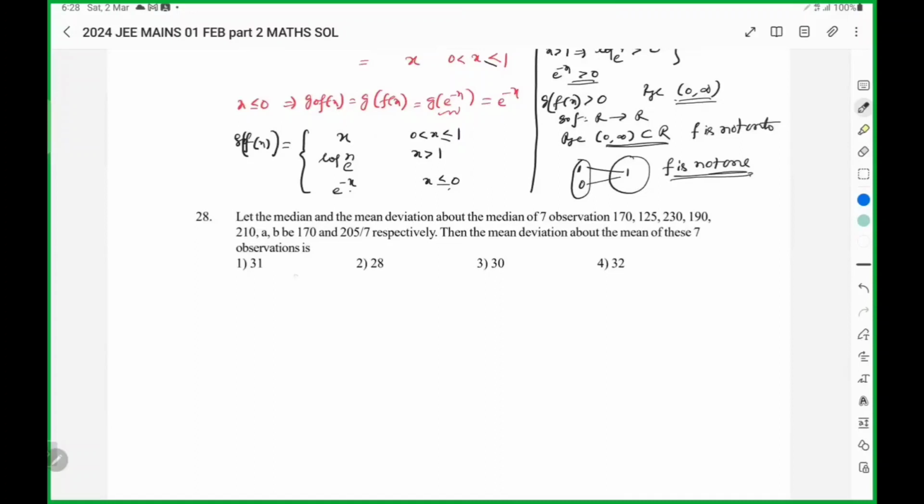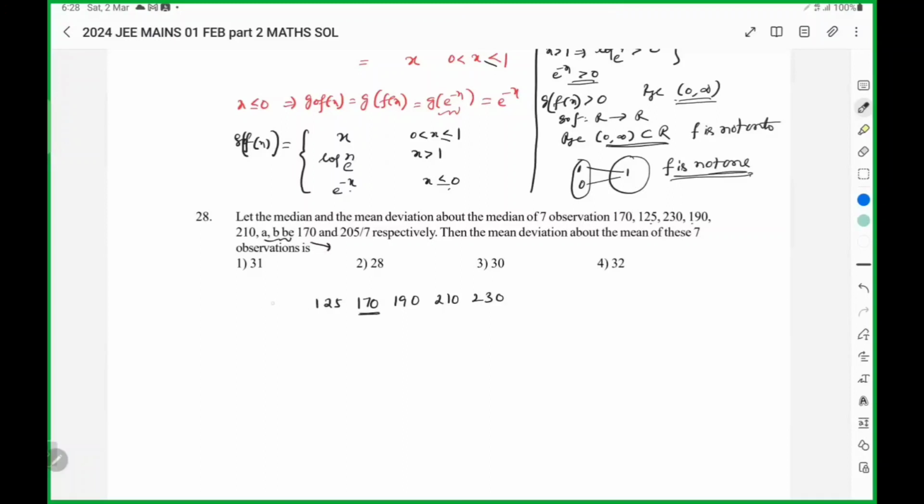Here, the median of 7 observations. To find the median, we will arrange the numbers in increasing order: 125, 170, 190, 210, and 230. 5 numbers are there, plus unknown numbers A, B, but he has given the median.